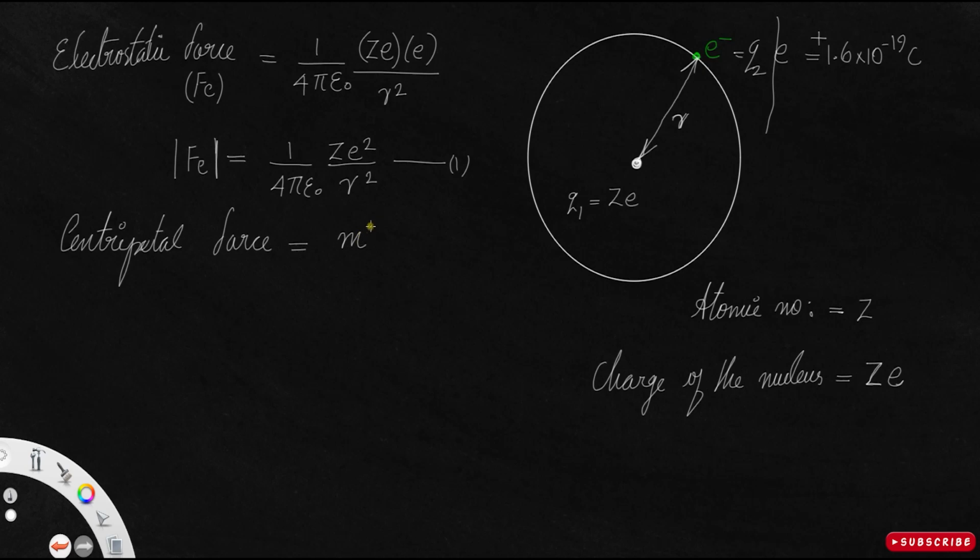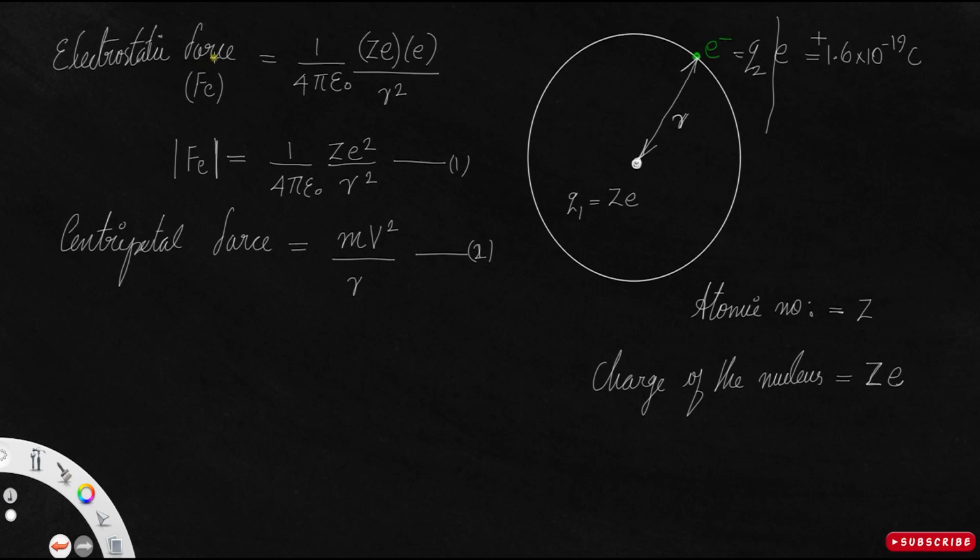So m v square, where v is the linear velocity of this electron, divided by r. So this is the centripetal force. And this centripetal force is provided by the electrostatic force, because there is always an attraction between these two charges.